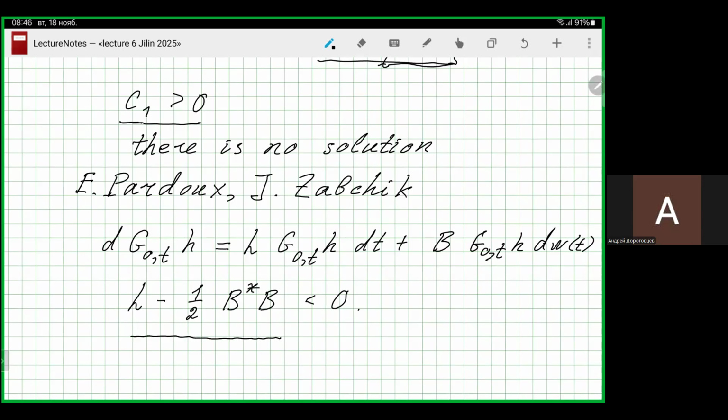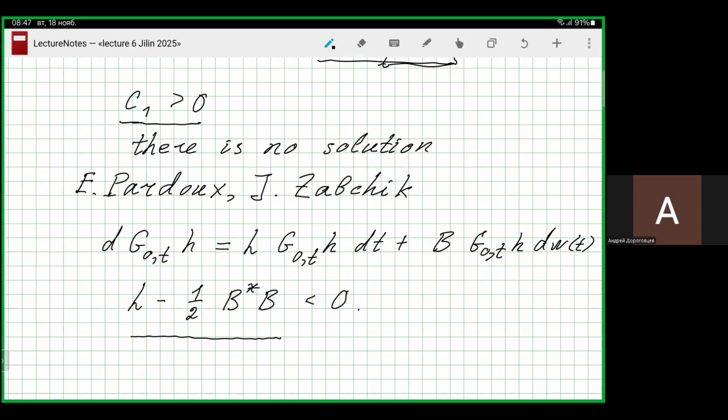This is an operator inequality. L is an operator of the second order. B star multiplied by B is an operator of the second order. So we must have this inequality for the operators. Of course, it can be relaxed. There are sectorial operators and a large theory which you can find in those books which I mentioned.